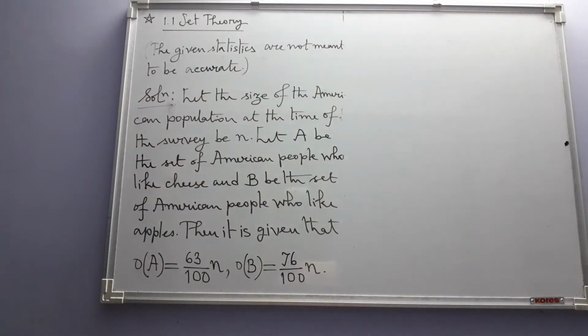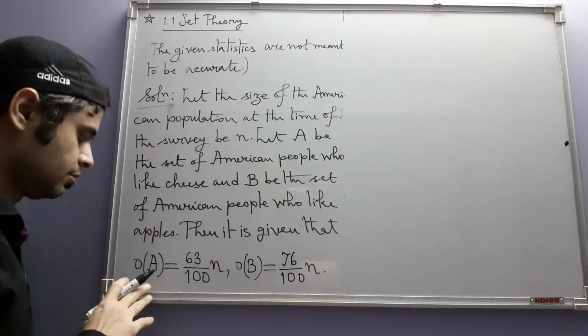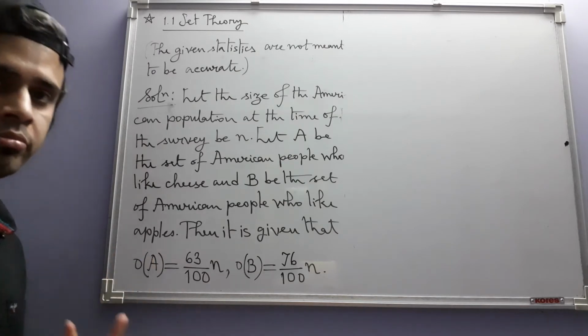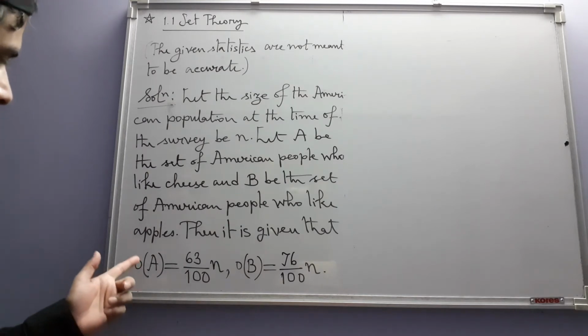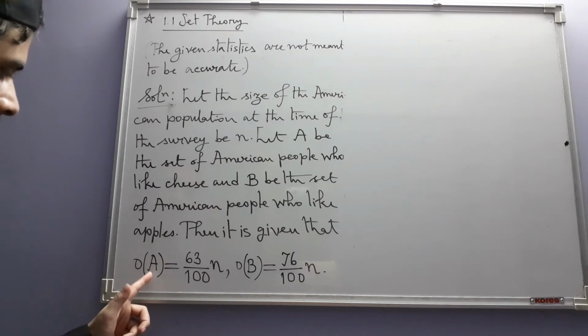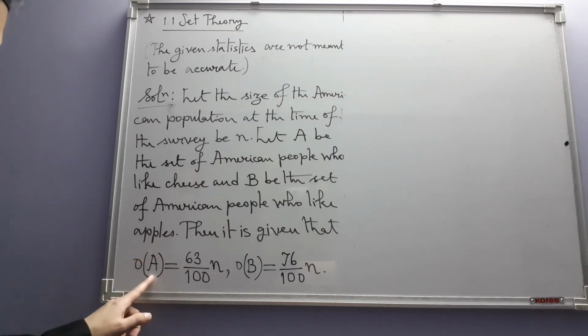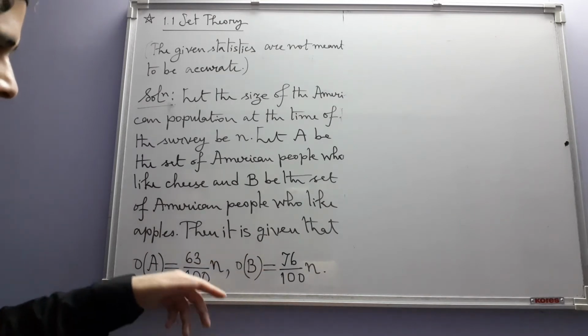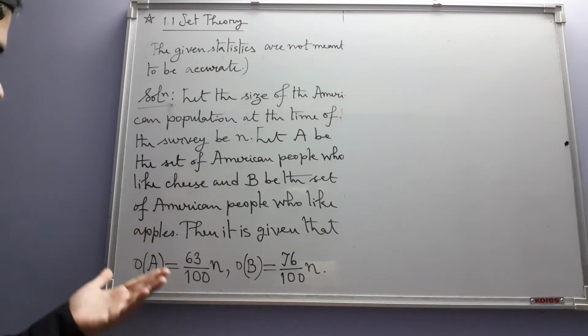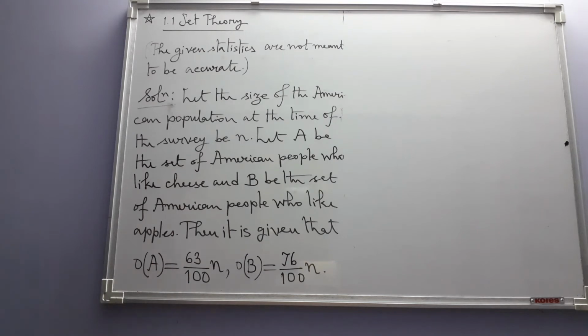Now this problem may trick you into thinking that A union B is everything. That is, A union B is the entire population. But that is clearly not true, because A has those people that like cheese, B has those people that like apples. So A union B has those people that like either cheese or apples or both.